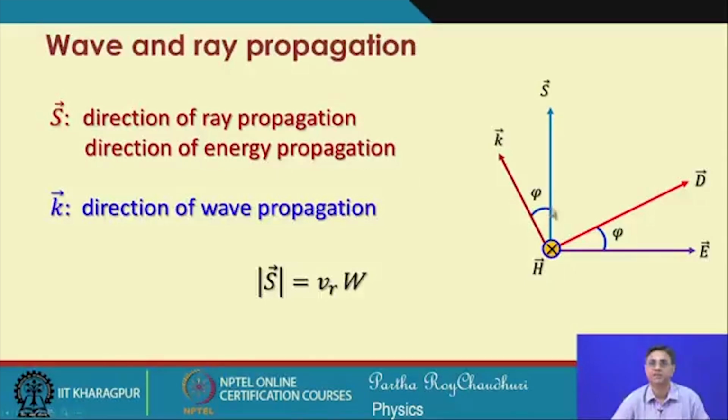So, the ray propagation and energy propagation take place along the Poynting vector direction, whereas the k vector tells you about the direction of propagation of the electromagnetic wave, and this Poynting vector is related to the energy density by this equation: the modulus of S is equal to the ray velocity multiplied by the energy density.